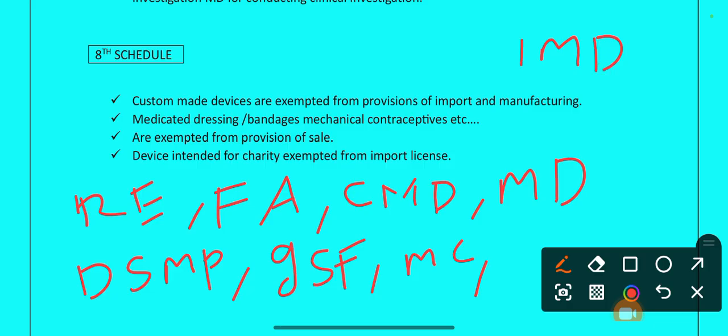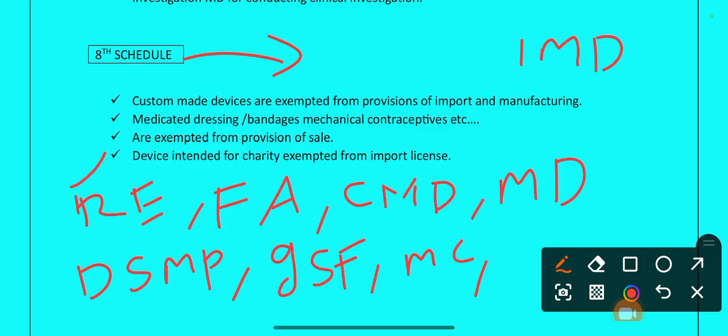These are examples of devices covered in the eighth schedule. Custom made devices: these devices are exempt from all provisions of the rules, although additional details and regulatory requirements may be applied.